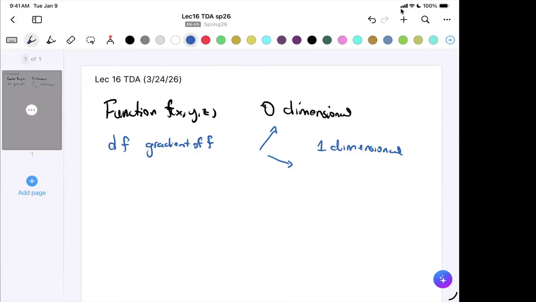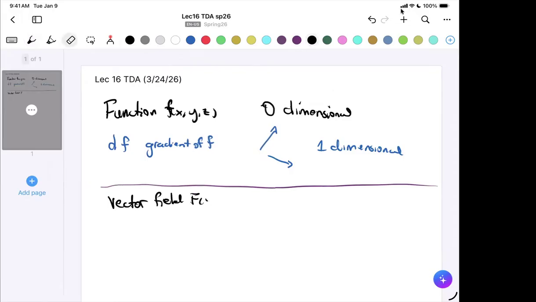And then if you have a vector field, again, that is one-dimensional because it's like a force field, which you can think of as like electromagnetism.